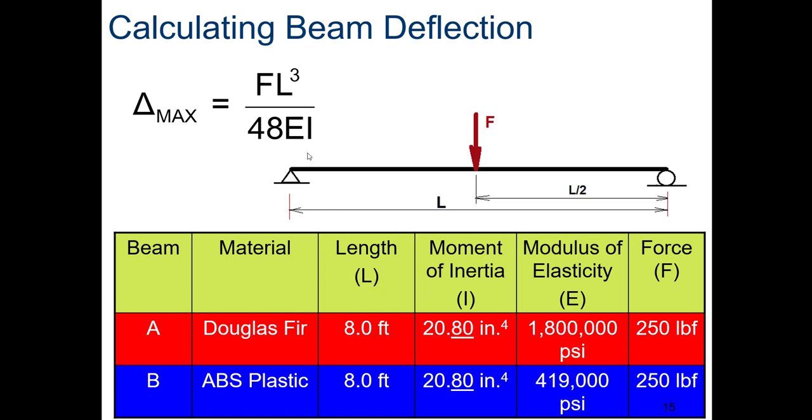Take notes on this: the L in the equation refers to the length between the supports. It does not include any length hanging off the end. So L should always be the length between where it's being supported, not the overall length if they're different. Here, they're the same. The overall length is 8, and they're being supported on the ends.